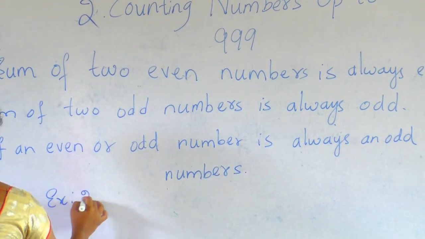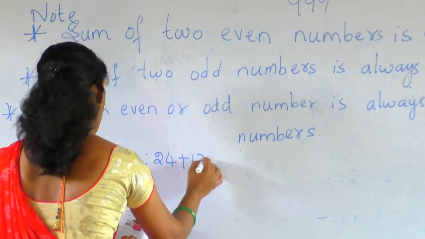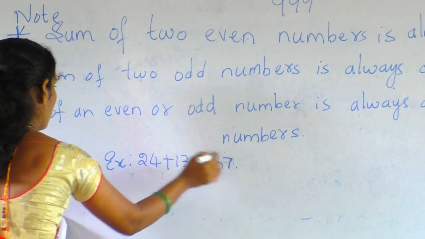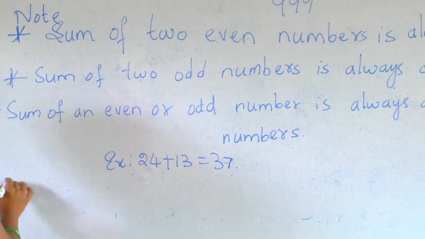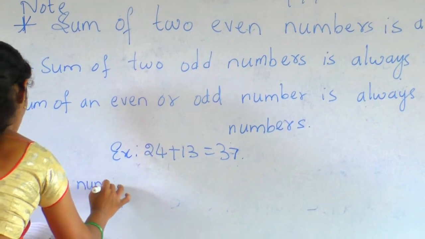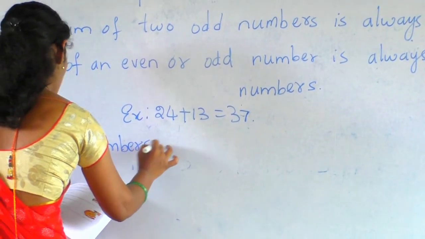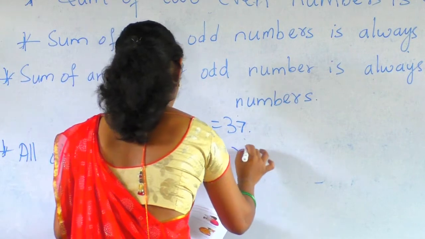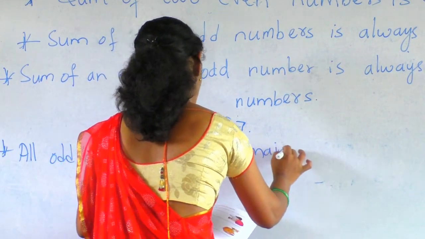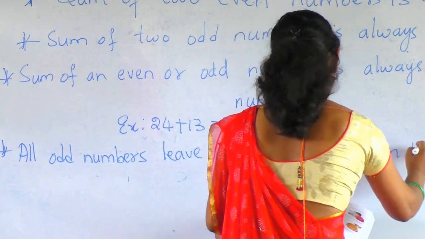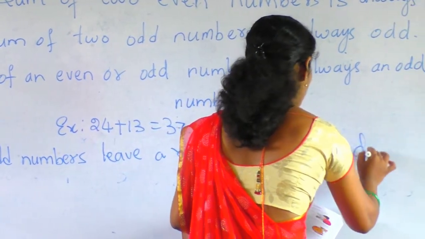Example, 24 plus 13 equal to 37. Next, all odd numbers leave a remainder 1 when divided by 2.